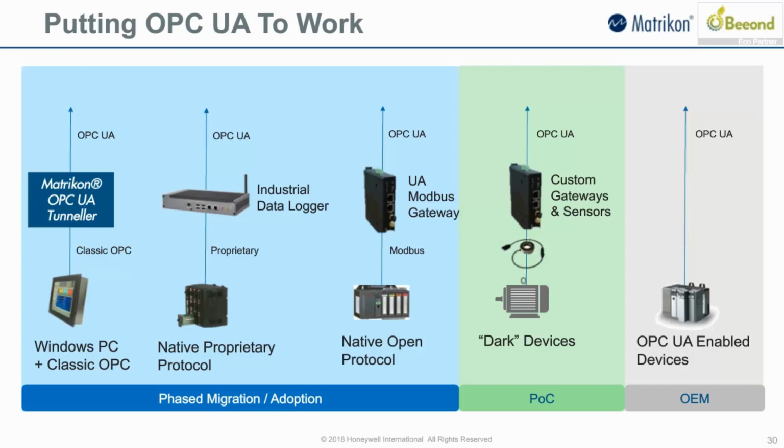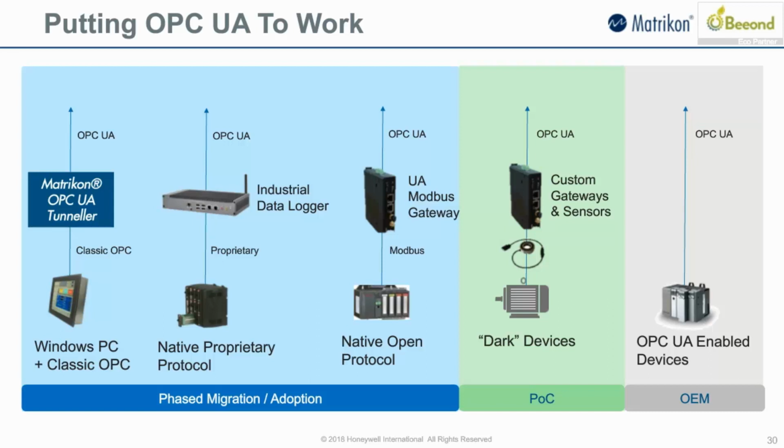We have all the different industrial protocols, and there are now many devices available, as shown on top of these proprietary and industry protocols that convert through gateway technology to OPC UA. So there are many devices available to make that translation to convert to OPC UA.